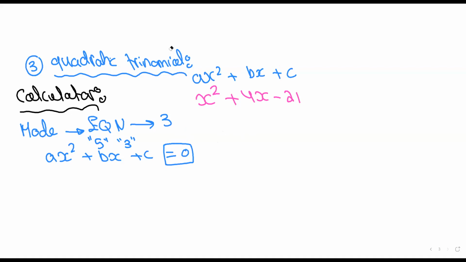Now, by comparing the blue to the pink like this, you will find that the A is the coefficient of x power 2. And what do I mean by coefficient? The number on the left-hand side of x power 2. By comparing, the B is the coefficient of x.